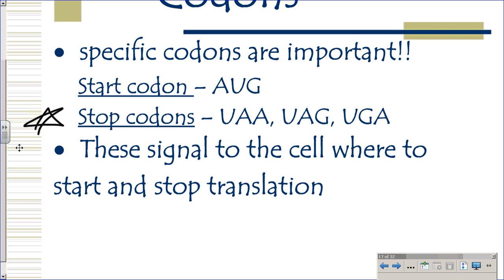So if you know that the start codons are going to say, okay, transcription, translation, let's go ahead and start, then these are going to tell it to stop. Because if not, it would go on indefinitely until the mRNA ran out. And sometimes that's okay, but sometimes the ribosome needs to know when to stop calling the tRNAs over and saying, please go ahead and make this protein for me. So that's just going to tell us where to stop.